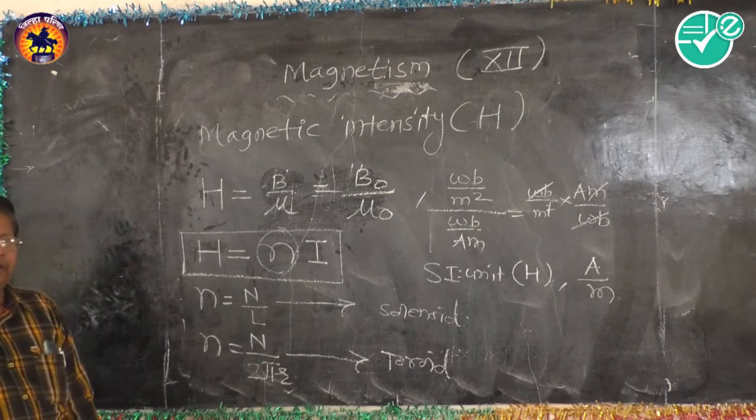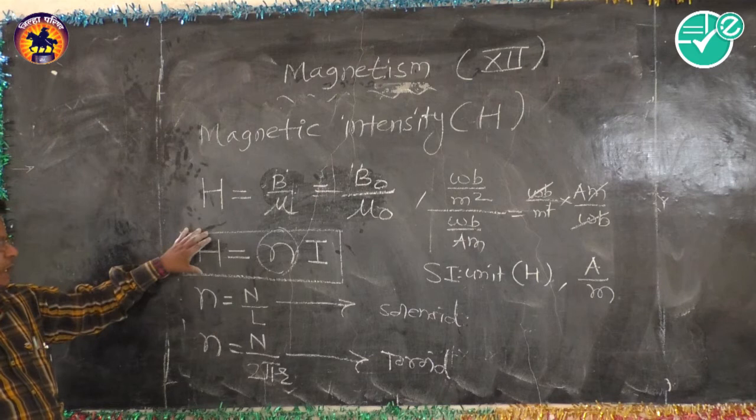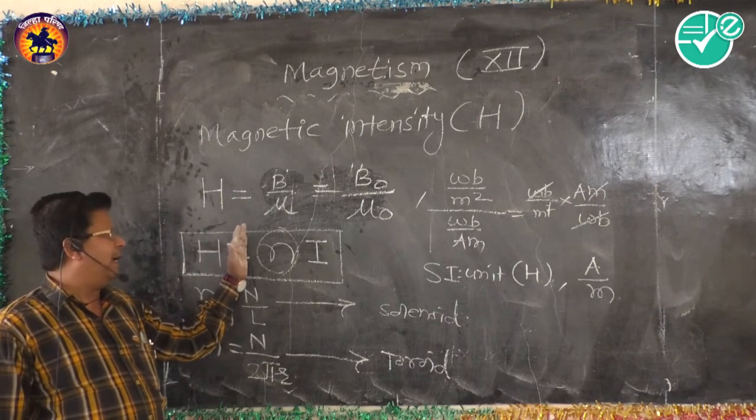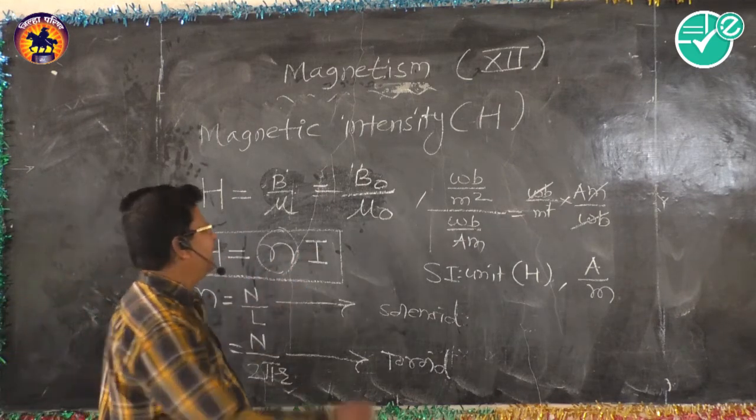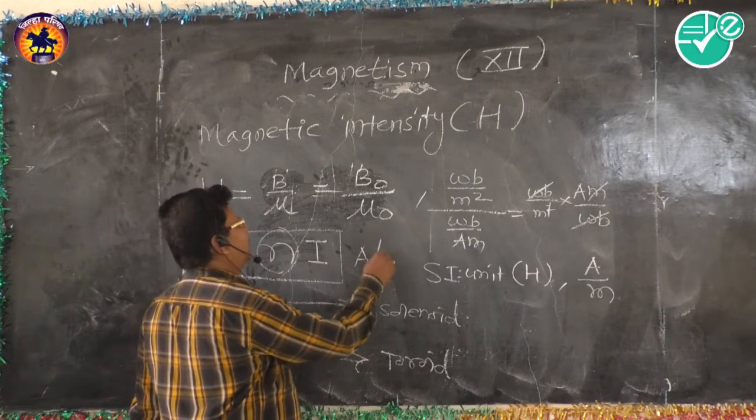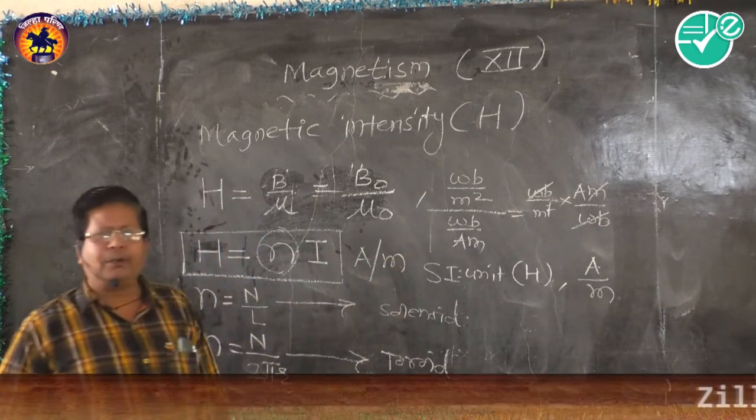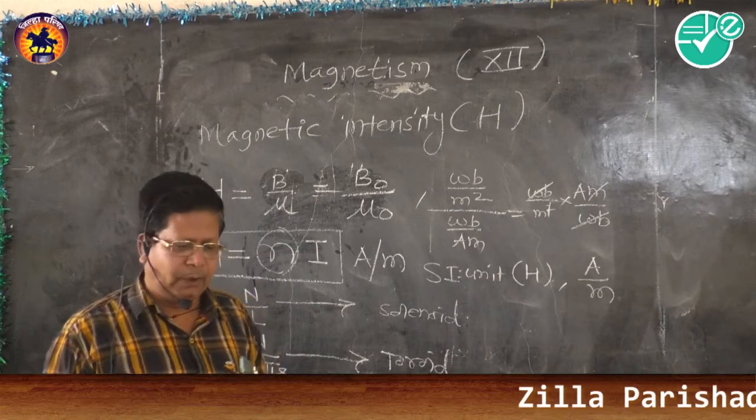Again we find the SI unit of this H from H is equal to nI, which again comes out to be ampere per meter.